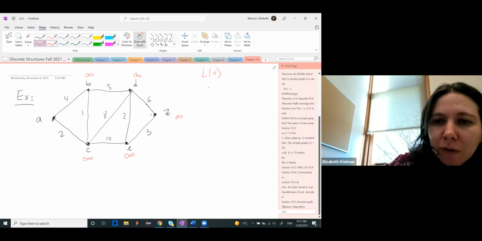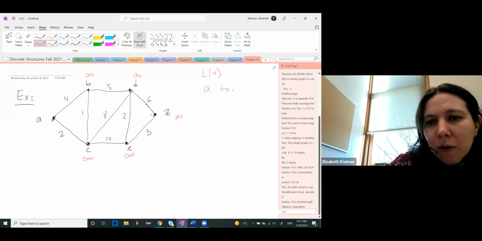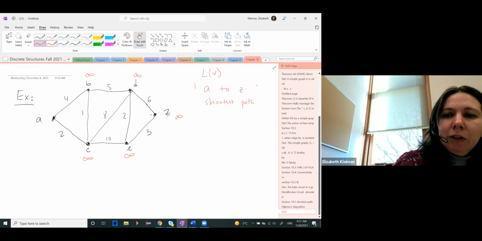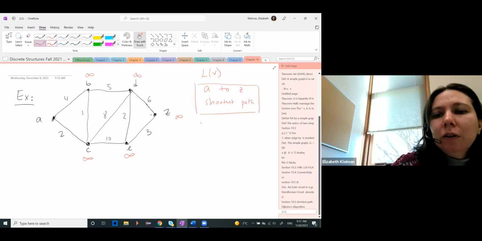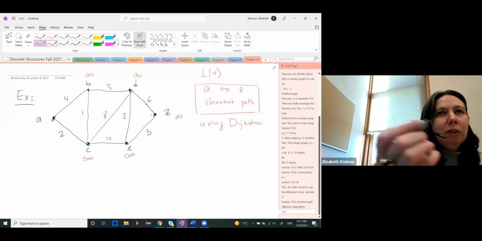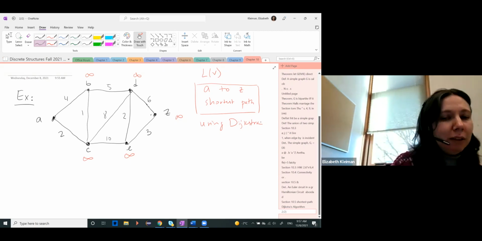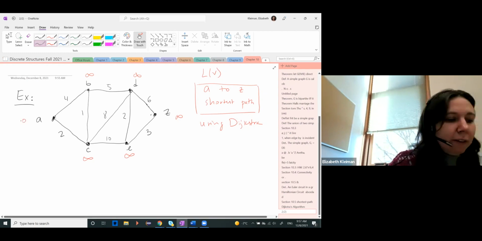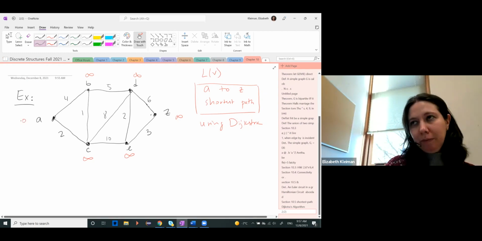And I'm trying to find the shortest path from A to Z. In this case, this is what we're trying to do using Dijkstra. And this is his family name, the person who developed the algorithm. So we have infinity everywhere and we have 0 out here.